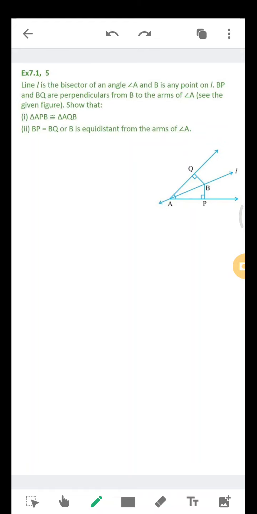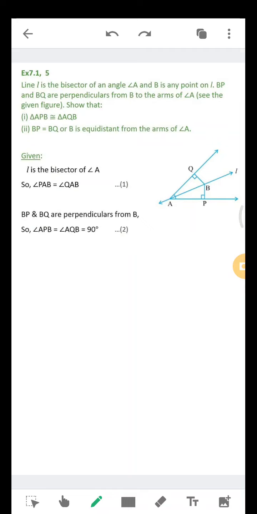So let's write the given and RTP. Whatever is given I have discussed, those all steps I have written here. As L is the bisector, I can say these two angles are equal, so that is PAB is equal to QAB. This is equation 1.